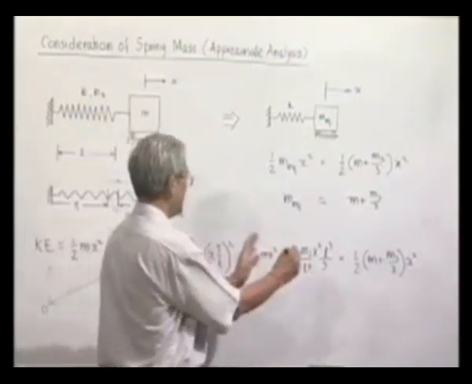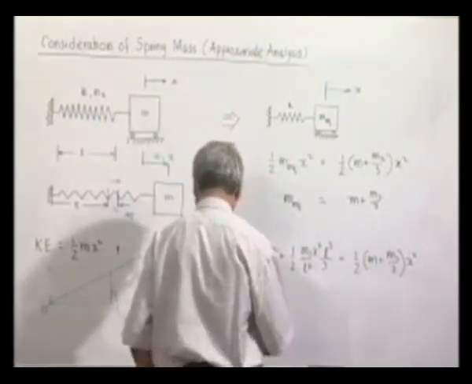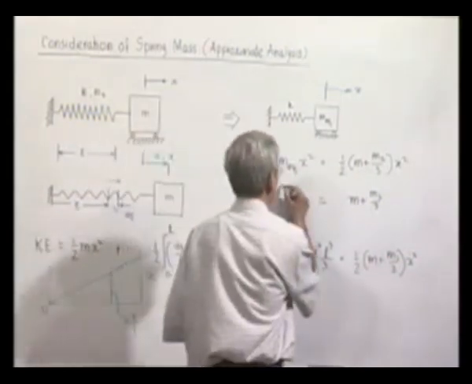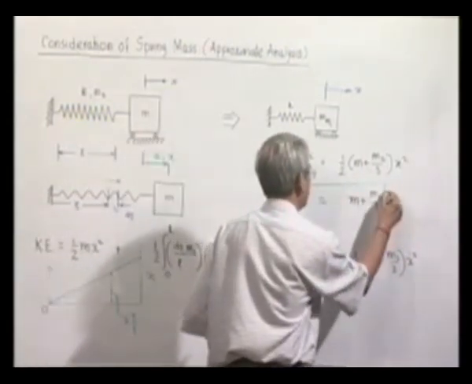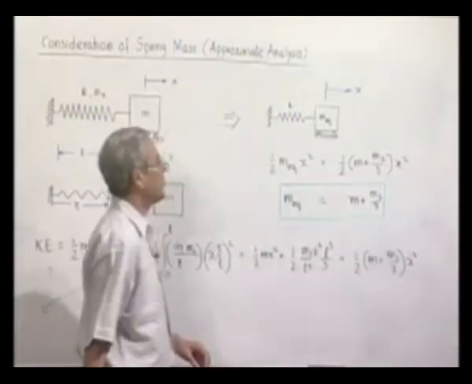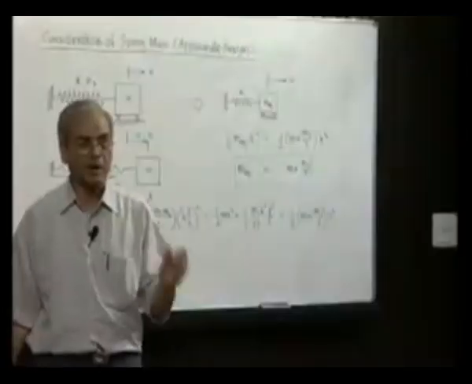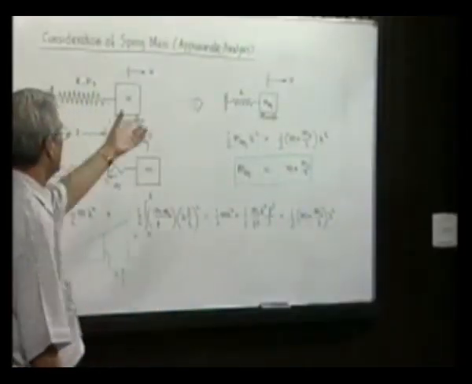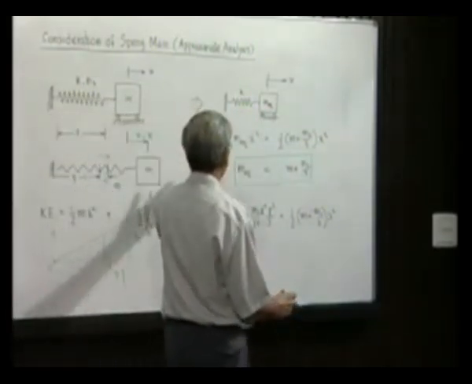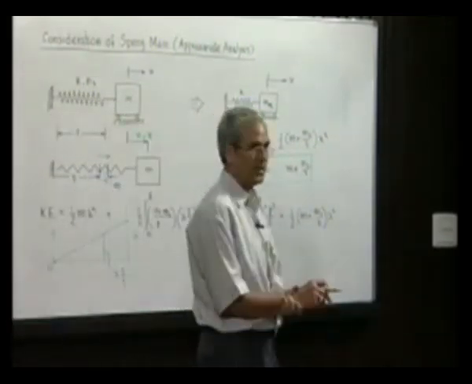So, everywhere there is a certain degree of approximation involved, and therefore, we find that taking care of the spring mass is pretty simple. Only thing we have to do is add 1/3 of the spring mass to the mass of the block, and therefore, natural frequency can be easily found out from this.